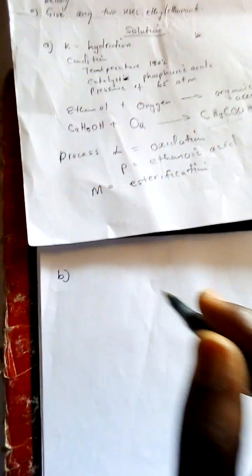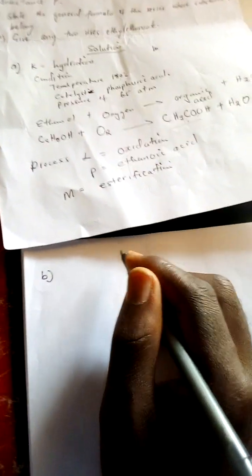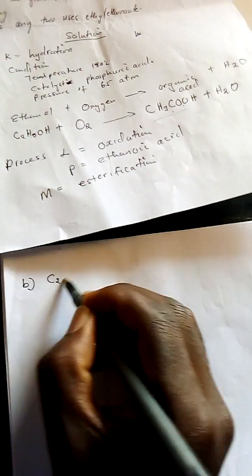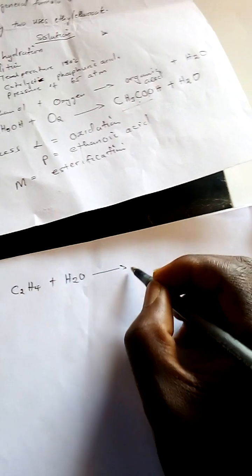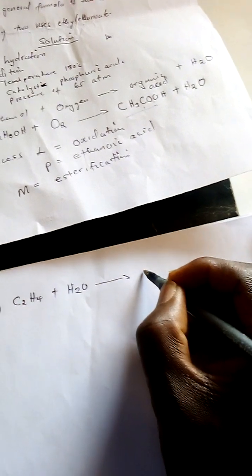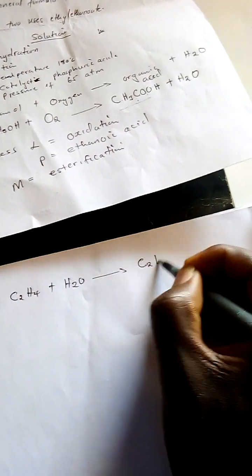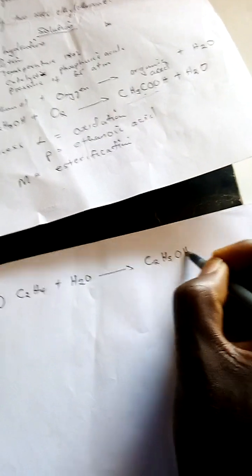So we know that it is ethene reacting with water: C2H4 plus H2O, giving us ethanol, which is C2H5OH.